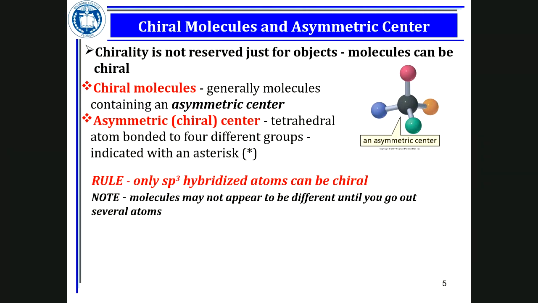It is the carbon that is attached to 4 different groups, and your carbon is sp3. For chiral carbon, you have sp3 hybridization for the carbon. So a chiral compound is going to result from a compound that has a chiral carbon.